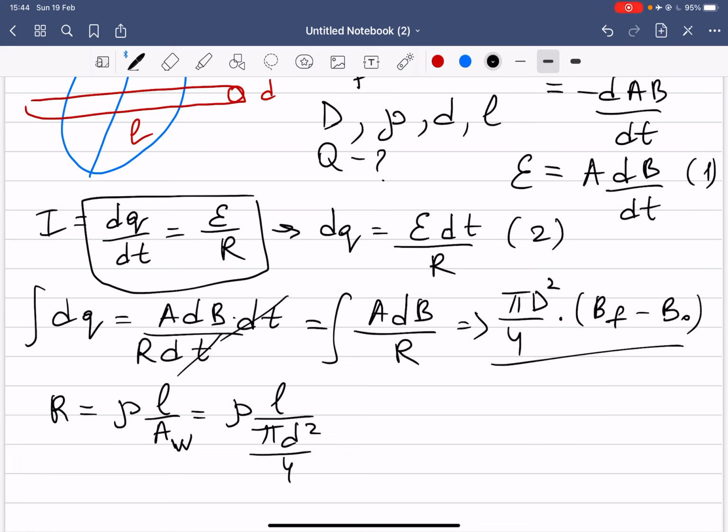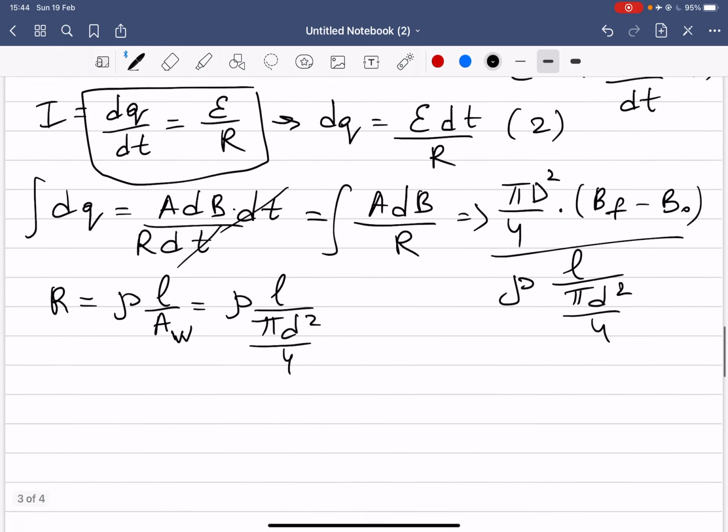Then you bring in those values, so rho L over pi d squared over 4. It will be much easier if you calculate the top side and bottom side separately, so that you do not make any mistakes.